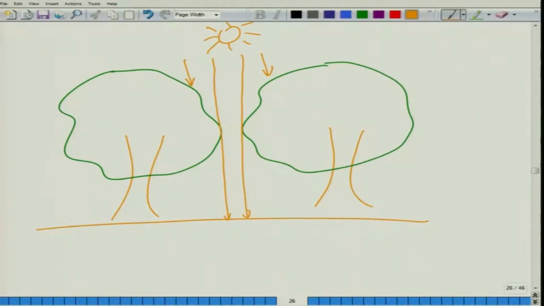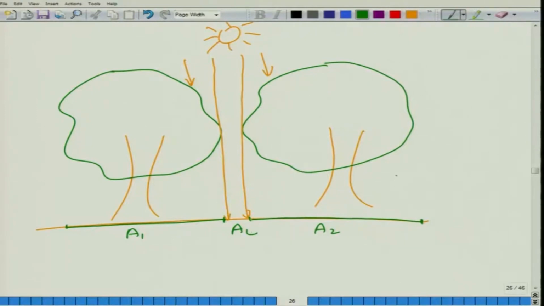So, the canopy cover will be given by the area that is blocked, that is this portion that is blocked by the first tree and this portion that is blocked by the second tree. So, let us call it A1, A2 and let us call it AL, the portion that receives the light.